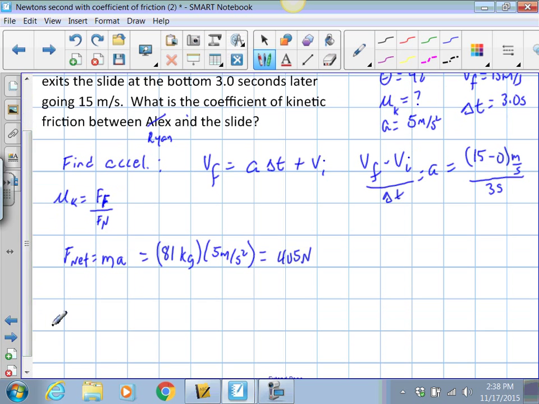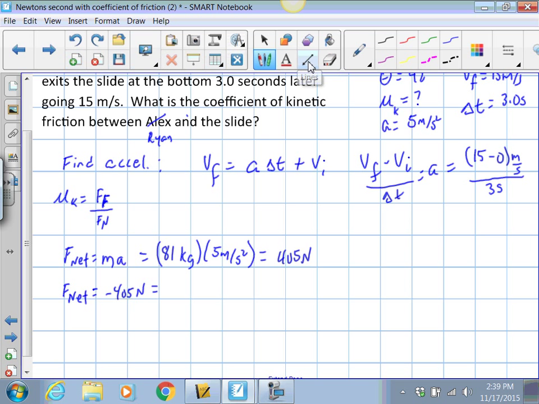Now that we've got that, we can say that F net is the sum of forces, which we know is 405 newtons, and it's down the ramp. And that's going to equal some forces. So let's think about those forces.